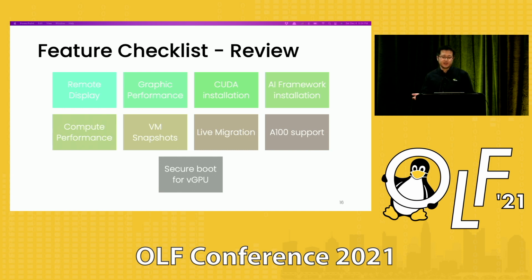I'll say a little bit about the future side. That's another focus: how do we provide device virtualization to container products. We're also working on secure boot for vGPU. You see it's green, so we really haven't worked on that yet.